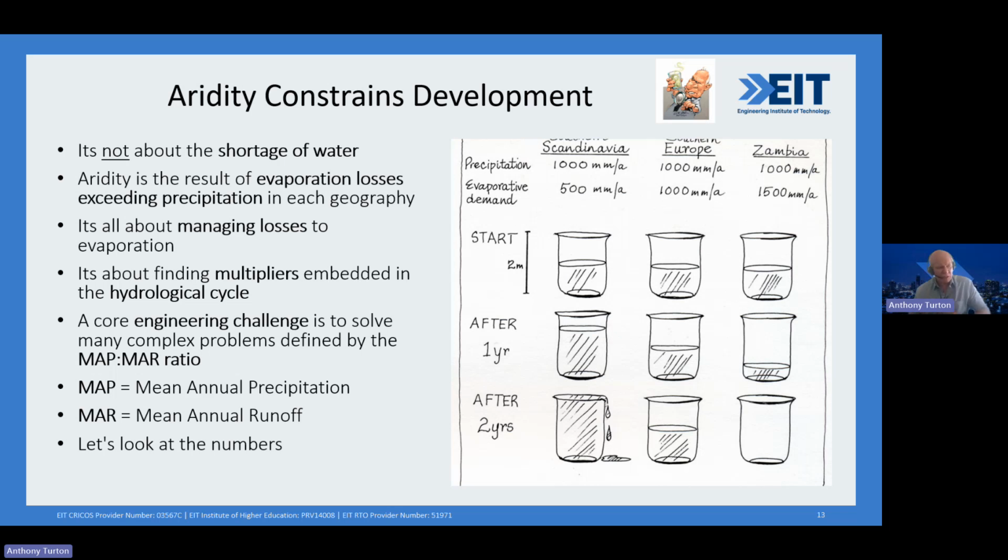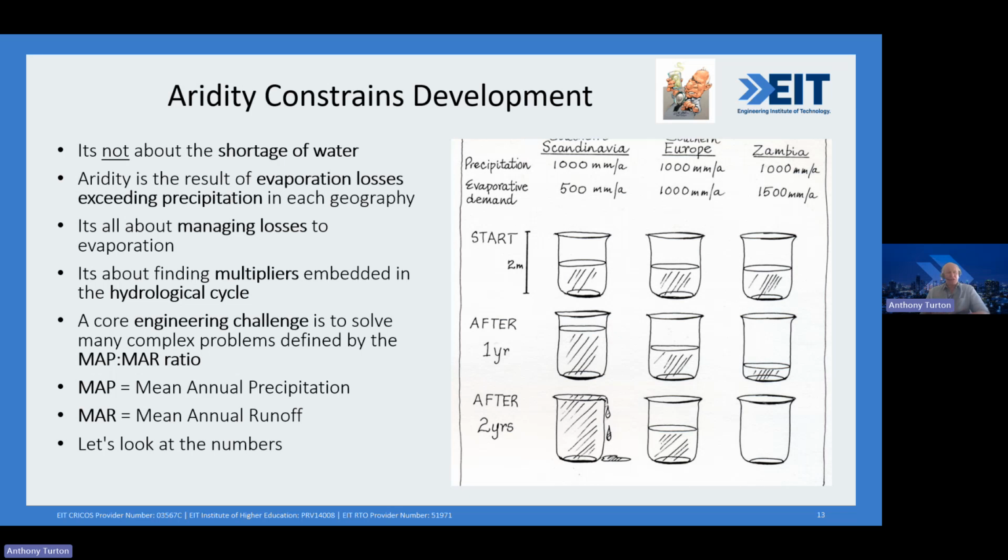So if we now look at the next line, if we think of an imaginary tank of water that is 2 meters high, and let's assume that we start off at the beginning of a 2-year cycle with that tank half full. Now we're only going to fill up that tank with water from precipitation, and we're going to subtract from that the water that we lose to evaporation.